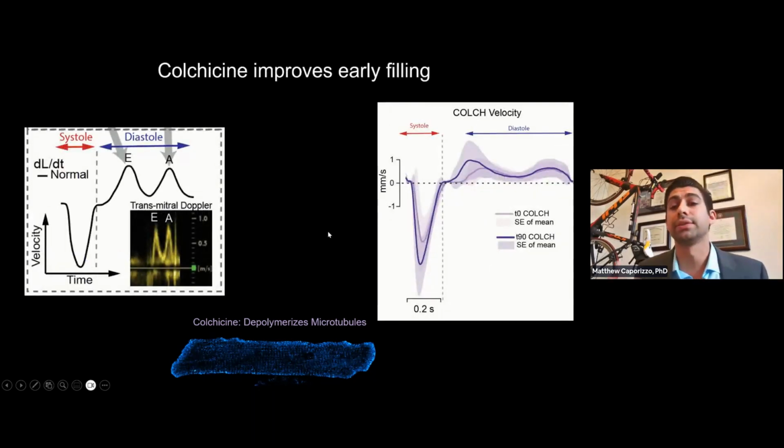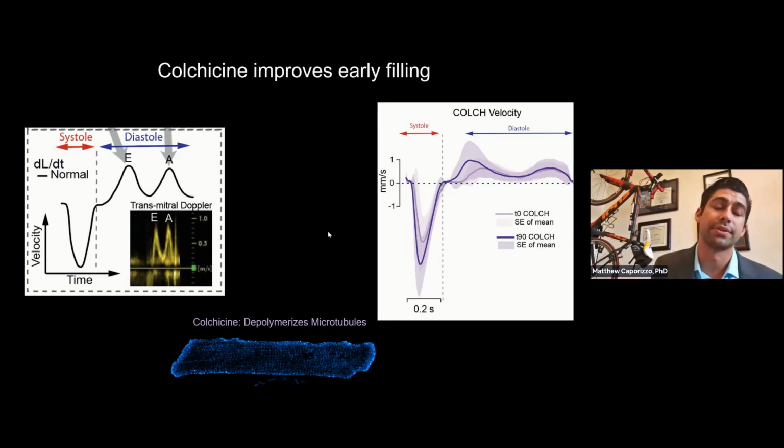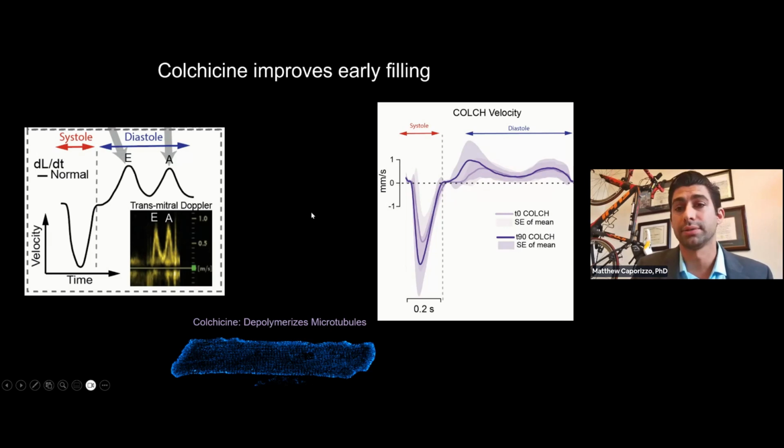And so we could take the derivative of the length trace to sort of look at our diastology and see how those different phases of the diastolic cycle are changing, specifically with the microtubule network. And just to remind you guys, there's systole right here, then there's this isovolumic relaxation phase, and your two peaks for early and late filling associated with transmitral Doppler. The dark purple traces after colchicine.